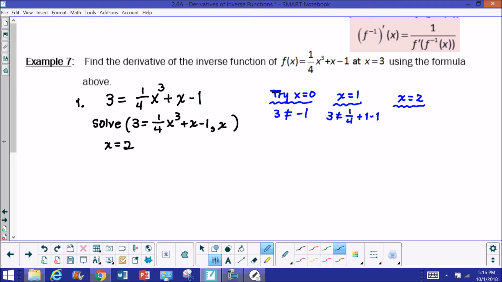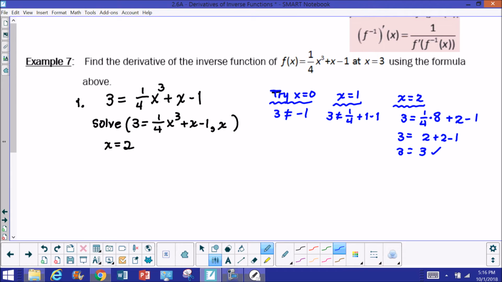Maybe 3 or 4 failed attempts would then lead to a correct answer. So let's see what 2 does. 2 is going to give us 3 is equivalent to 1/4 times 2 cubed, which is 8, plus x, which is 2, minus 1. If we continue to simplify this, we would have 2 plus 2 minus 1, and before long we see we have a true statement.